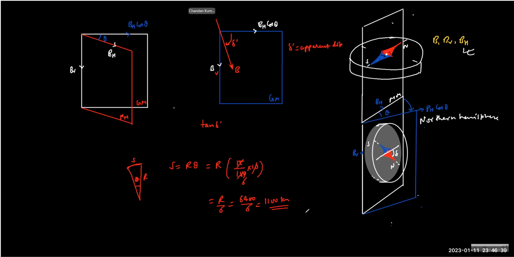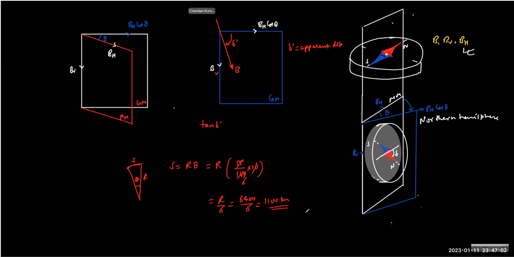Will the dip increase or decrease? Away from the magnetic meridian, the dip will always increase. And towards the magnetic meridian, it will decrease. So that is how we understand whether we are going towards the actual pole or away from the pole.